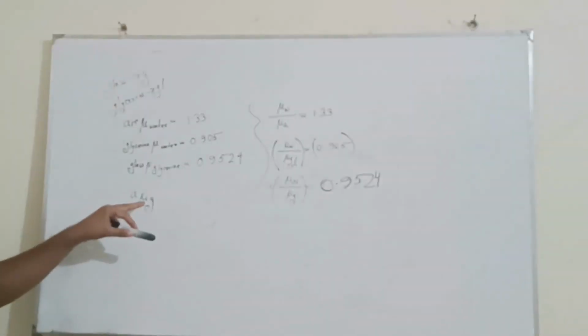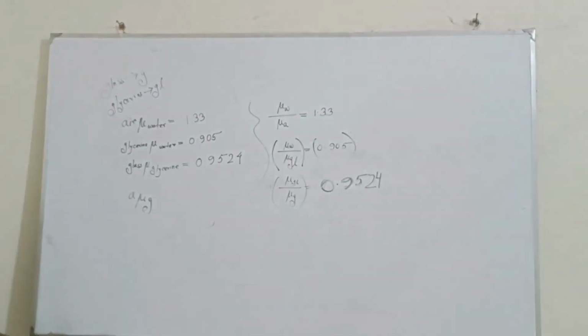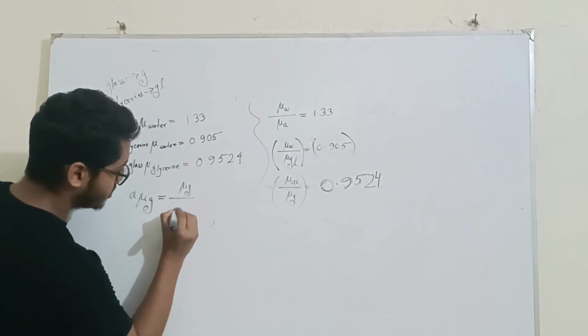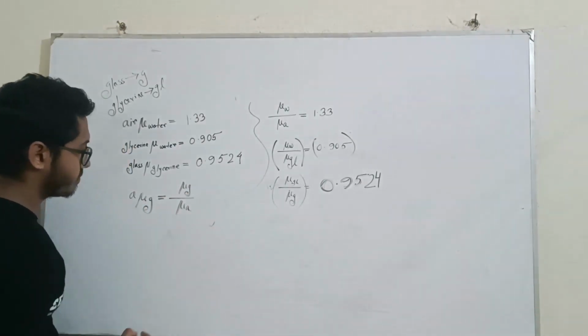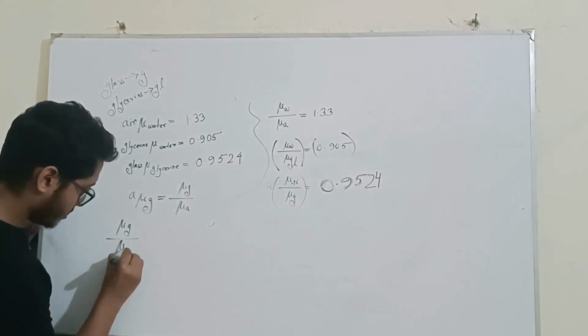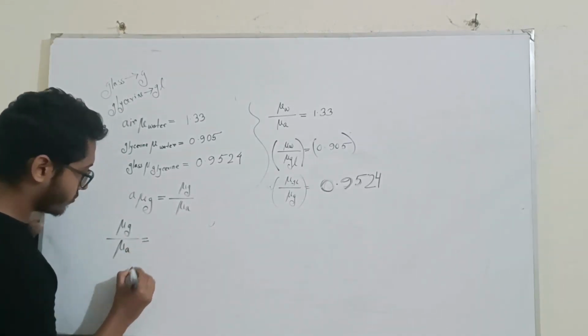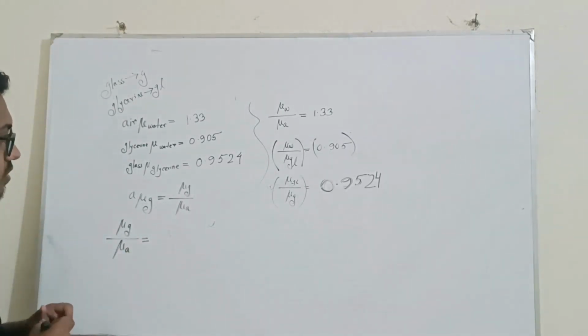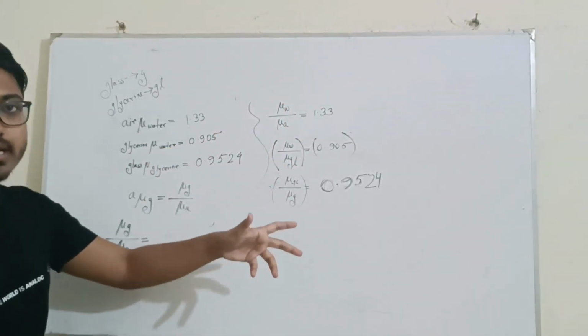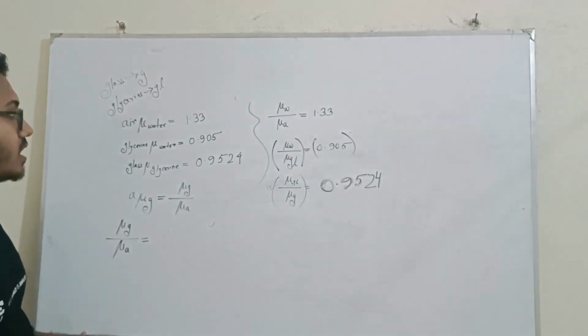Now see, we have to find the refractive index of glass with respect to air, that is nu G by nu A. So nu G by nu A can be written, see, now we have to adjust these three equations that eventually will convert into this equation.